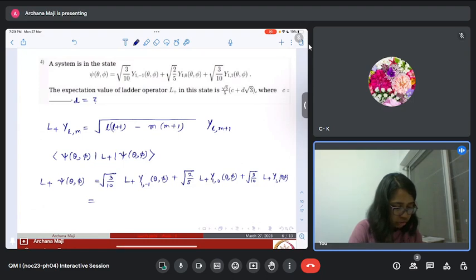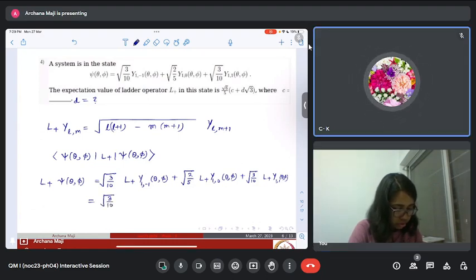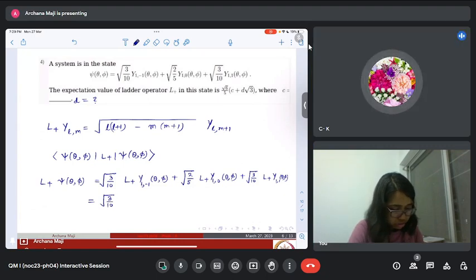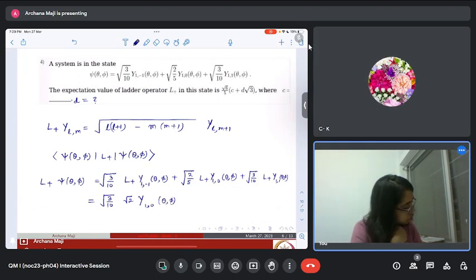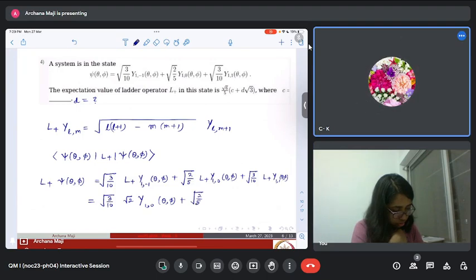This is equal to what? Root 2 y1,0. Then 1,0.